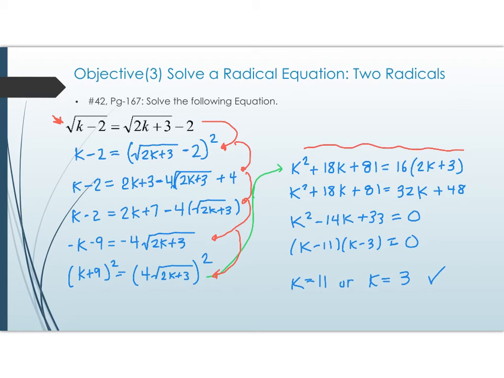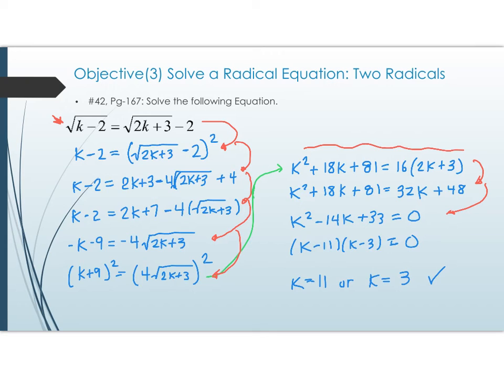Now, again, we're going to use the distributive property on the right side of the equation. And when we do that, the left side stays the same: k squared plus 18k plus 81 is equal to 32k plus 48. And now we want to use the zero principle, so we're going to move those items on the right over to the left.